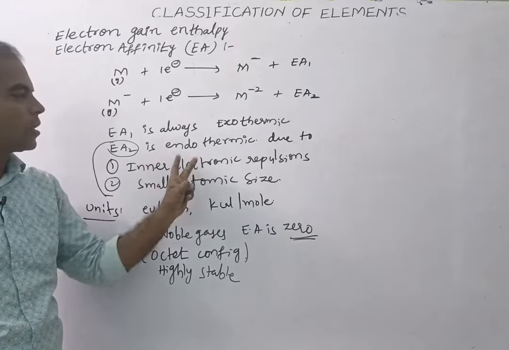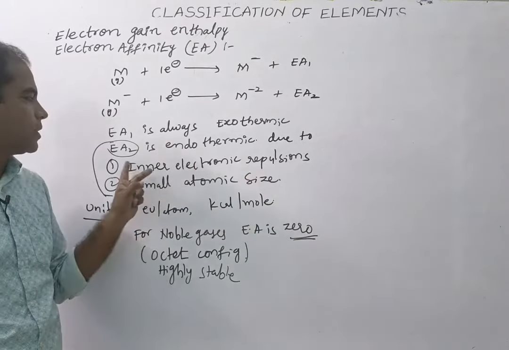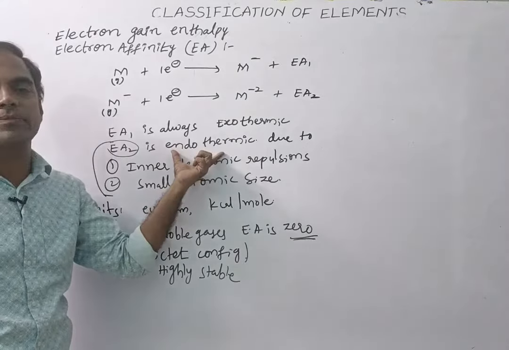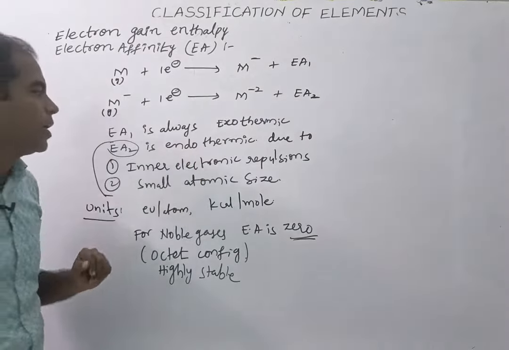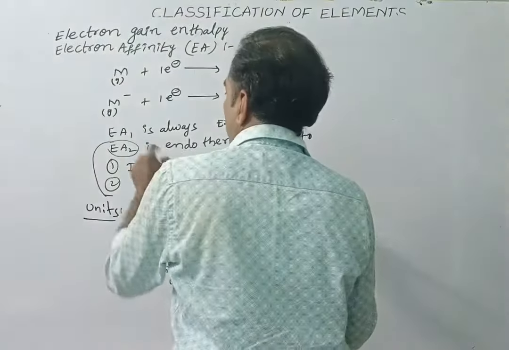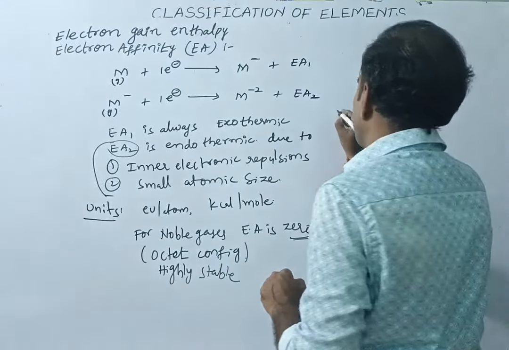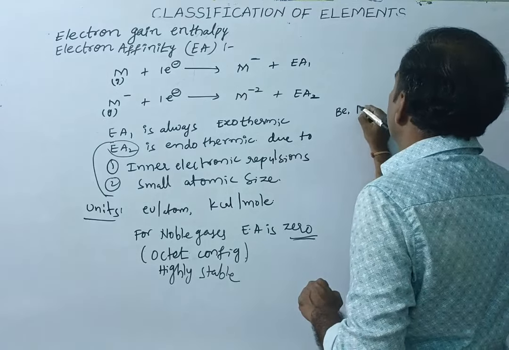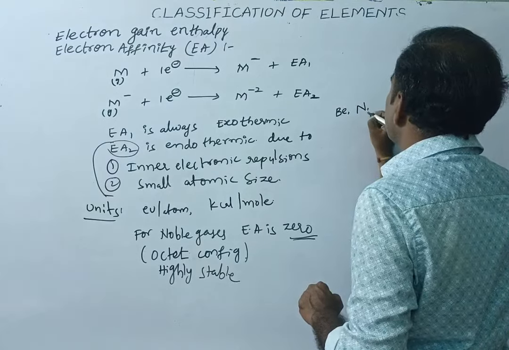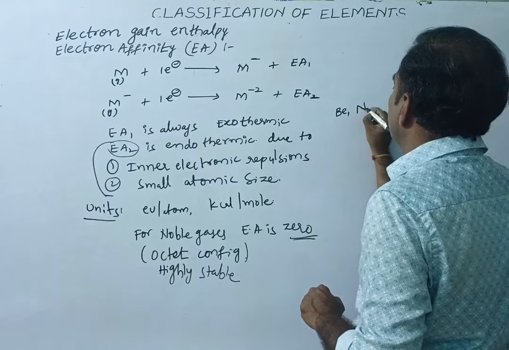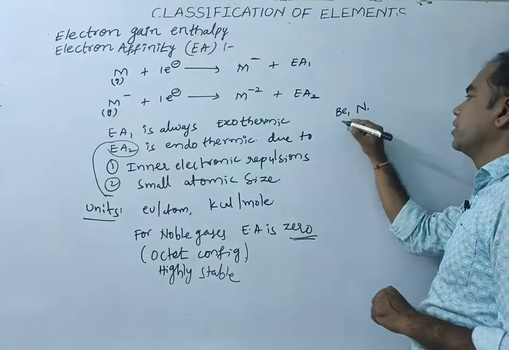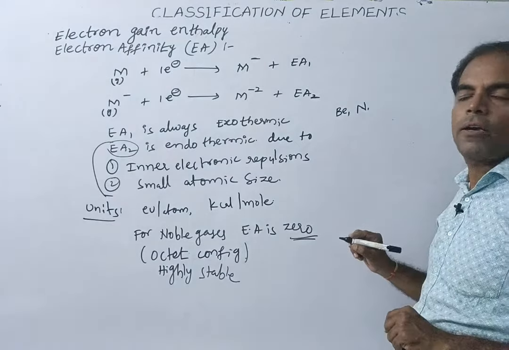That is inner electronic repulsion. That's why for second electron affinity, the released energy is utilized, that means absorbed. First electron affinity is always exothermic except for beryllium and nitrogen, because of a completely filled and half filled electronic configuration.